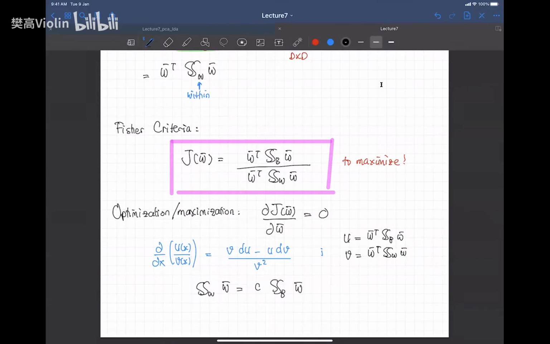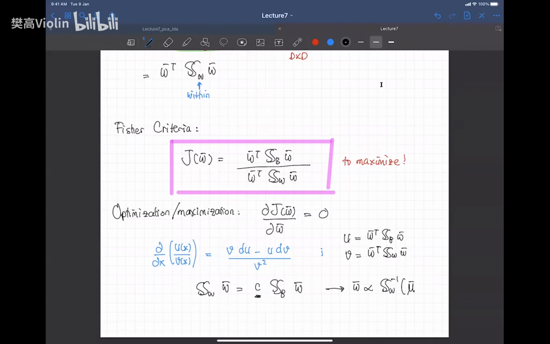From this equation, if you want to know W bar, it is proportional, because we do not know C. C represents the magnitude, but for W you don't need to know the magnitude. You only need to know the direction. So even if we have something that is not absolute, it's still fine, because we can get the direction of the projection.